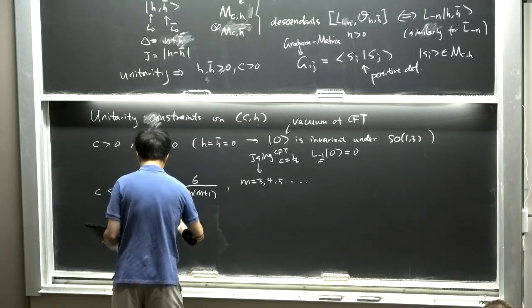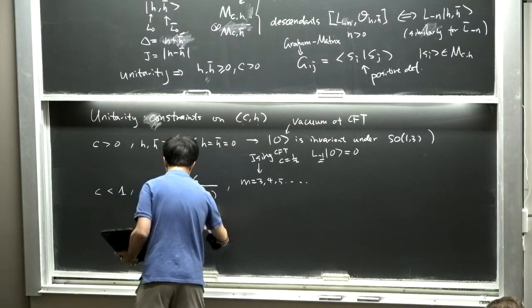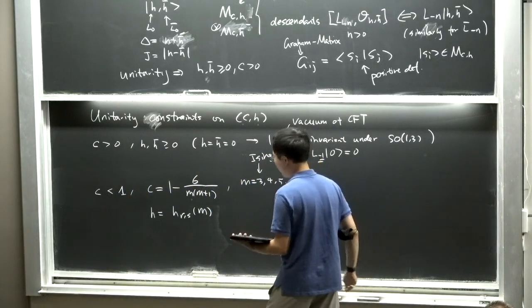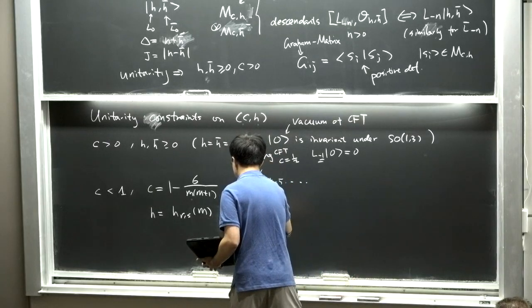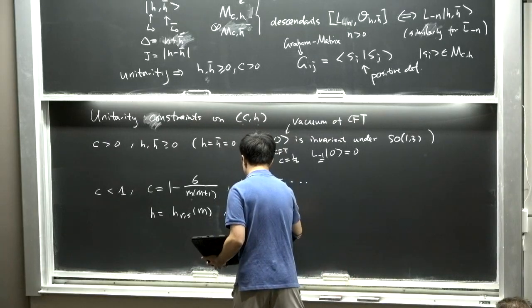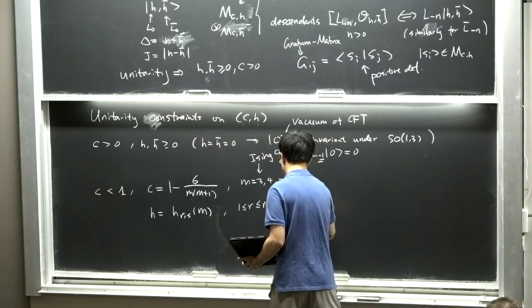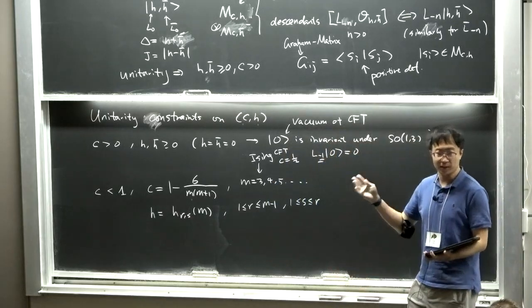And this set of possible values for h compatible with unitarity can be parameterized by two integers, r and s, in a way that depends on m. The detail is not important. Here, I just want to emphasize it's a finite set where r is restricted to between m minus 1 and 1, and s between r and 1. So it's like a triangular region.